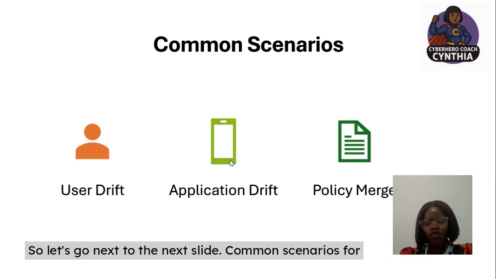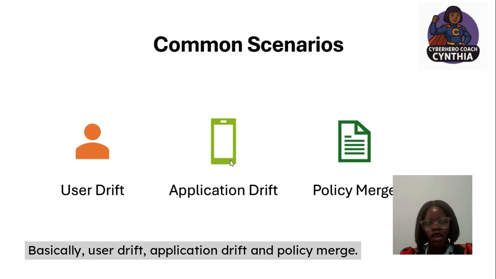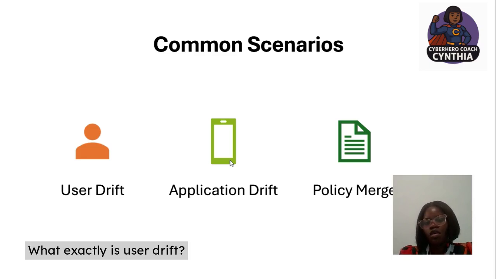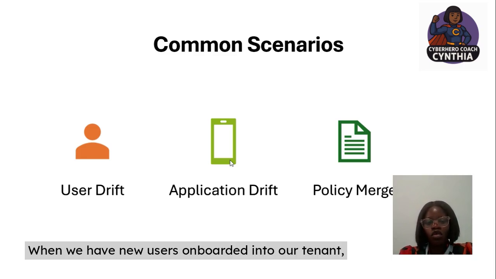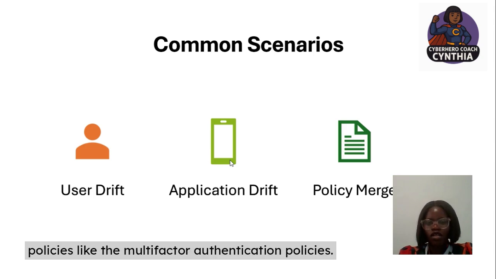Common scenarios for the Conditional Access Optimization Agent are basically user drift, application drift, and policy merge. What exactly is user drift? That's when new users and new groups are onboarded into the tenant and are not covered by policies like multi-factor authentication policies.